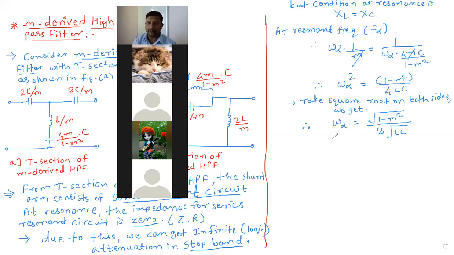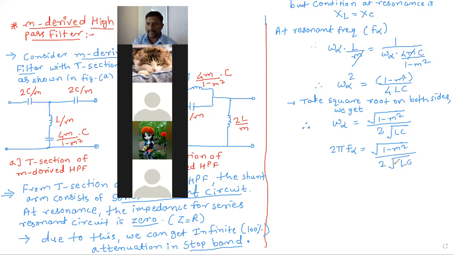Now again, omega alpha means 2 pi f alpha, which is equal to the square root of 1 minus m square divided by 2 into the square root of LC.